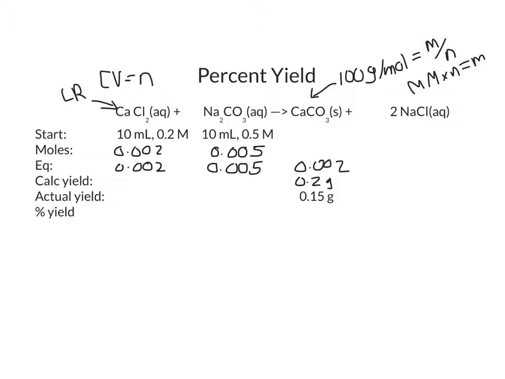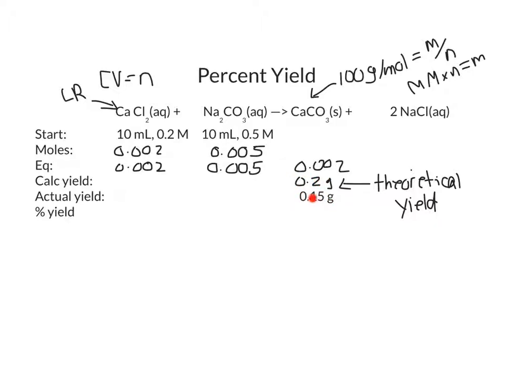So my calculated yield, or sometimes this is called a theoretical yield, is the amount that I could calculate that I should be able to make. Theoretical yield is 0.2 grams, but I only actually collected 0.15 gram. And so what I want to know is what percentage of the total that I could have made did I actually collect?